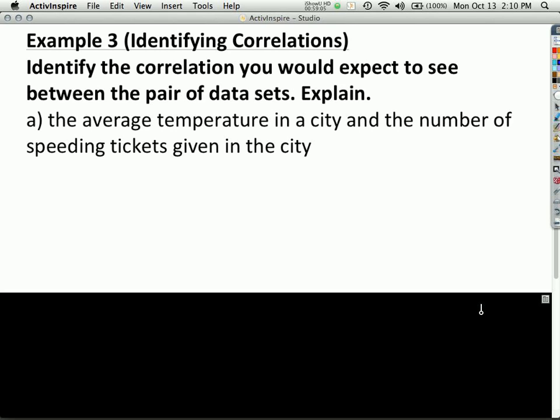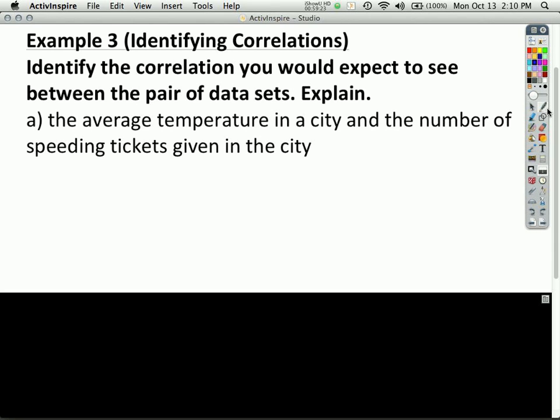Unless you think that the average temperature could make people go bonkers and just start speeding all over the place, then you would probably realize that there's absolutely no connection whatsoever between the temperature and whether or not you get a speeding ticket. So there is no correlation between the two.